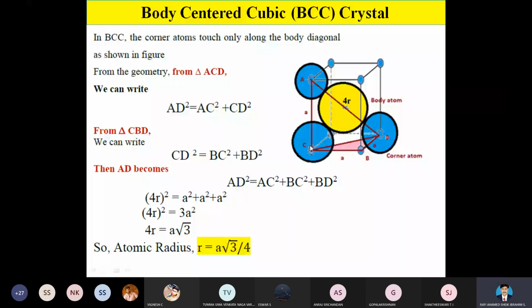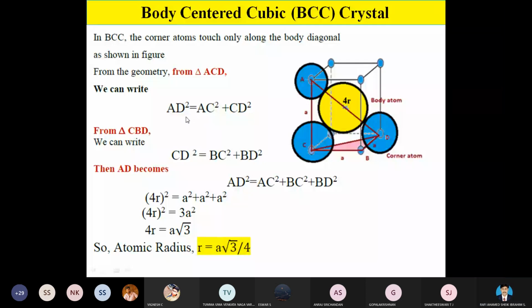See, AD is the body diagonal, so we consider half of the distance. From A, half R, from D, half R. So the body atom is completely 2R. So the total length for the positions A and D is 4R.